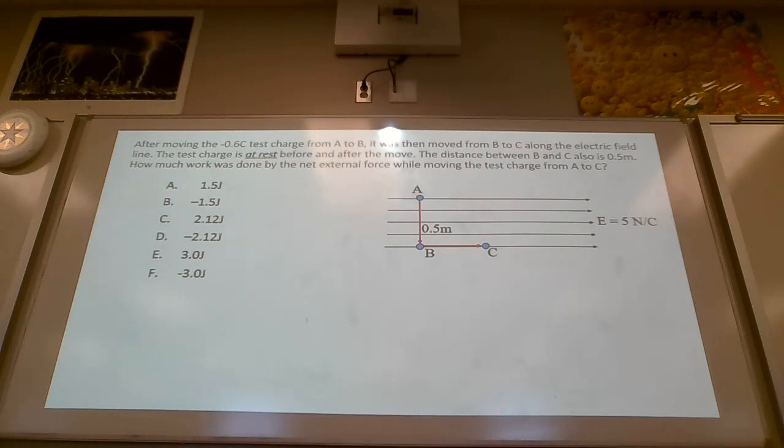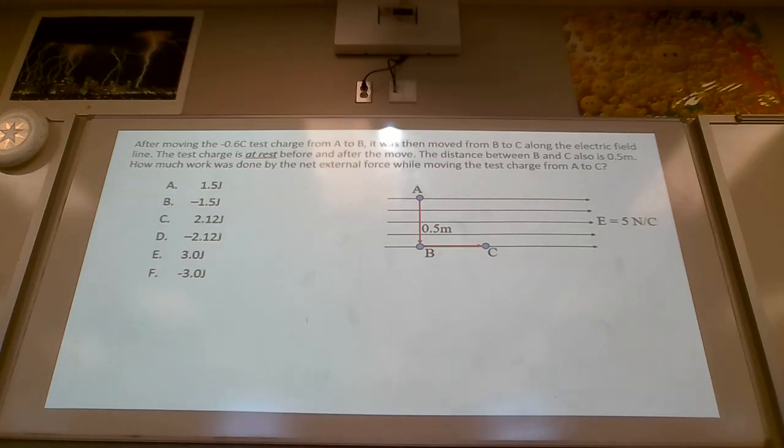Correct answer is... It's positive. Okay. Find somebody else you disagree with and prove to them that they're right and you're wrong. Potential energy is increased. Yes. Means the net work has to be negative. Means the net force has to be negative.